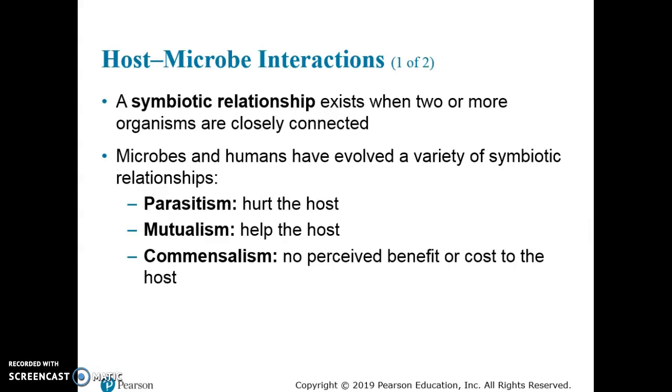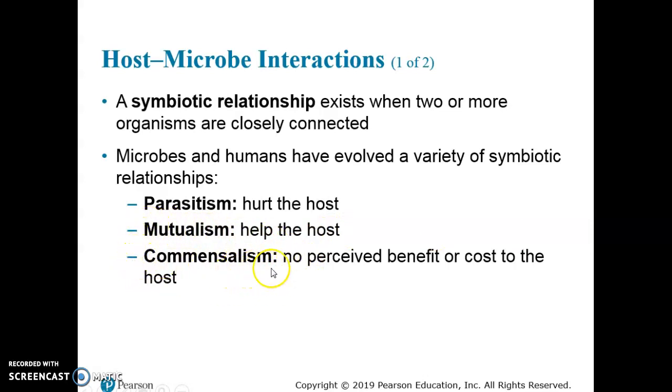Most of them help us, we help them. We give them food, we give them a home, and in return, they either do nothing for us or they actually help us out. But there are a couple of different symbiotic relationships, and most of them are going to be in these bottom two options.